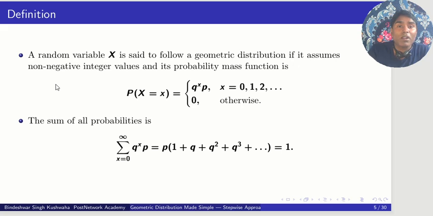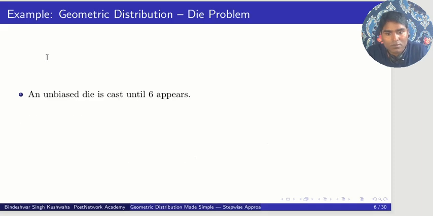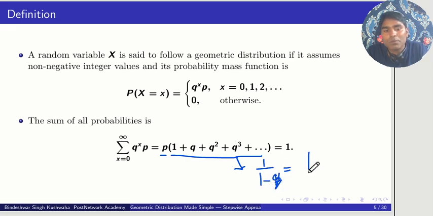The sum of all probabilities is 1, because P times this series equals 1 upon 1 minus Q, not P. So that would be 1 upon P, and we already have P, so that would be 1.